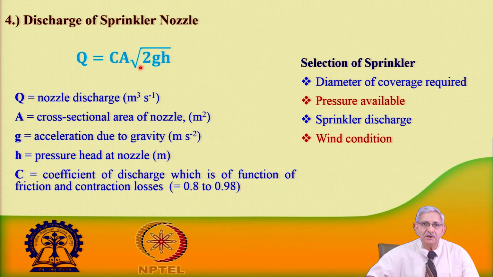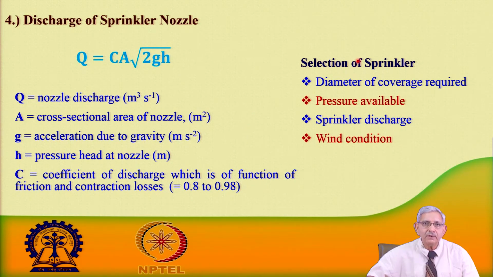This is the velocity head. This part is the velocity component, not velocity. Area multiplied by velocity. So, h is the operating pressure, that is the pressure available at the nozzle. So, this way one can calculate how much is the discharge from a single nozzle.